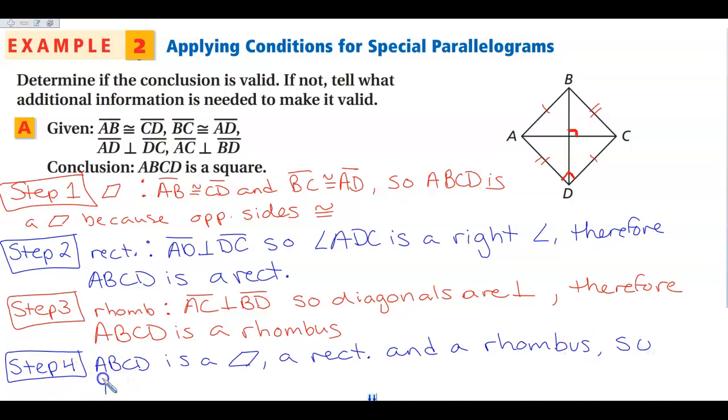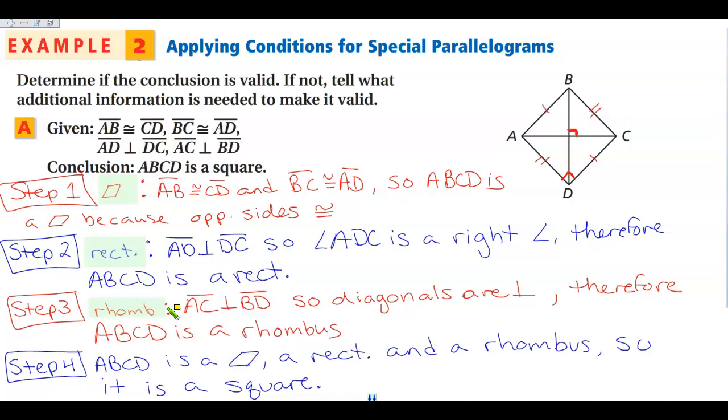So it is a square. Again, I can't stress enough, guys, to show that you have a square, you have to have all these properties of a parallelogram, a rectangle, and a rhombus. You have to have one that is specific to each of those properties.